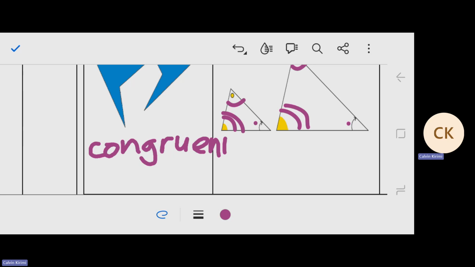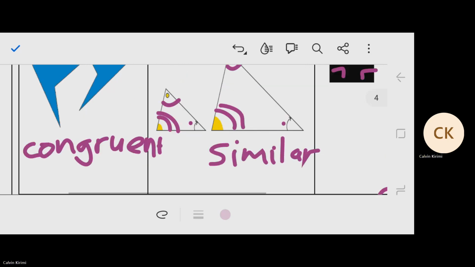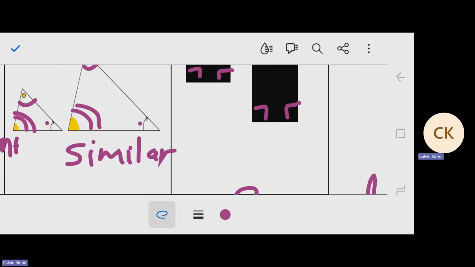Then these ones are similar. Also, the rectangles are similar, with different sizes.